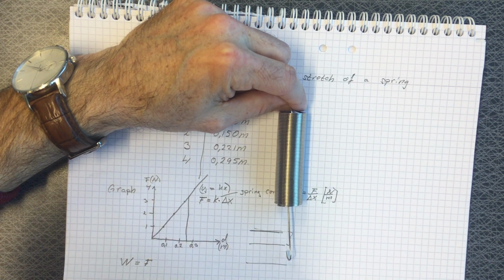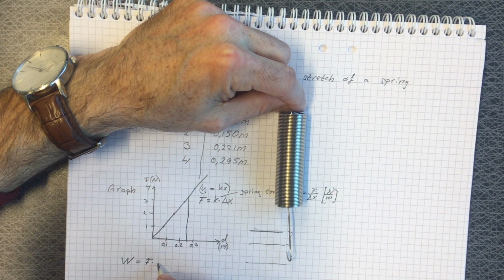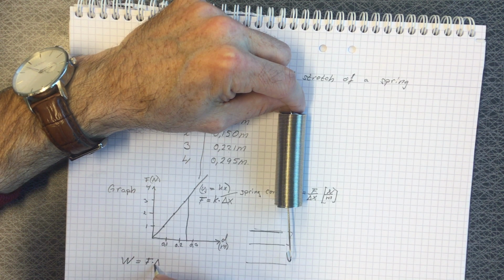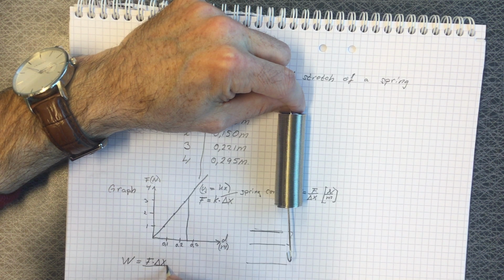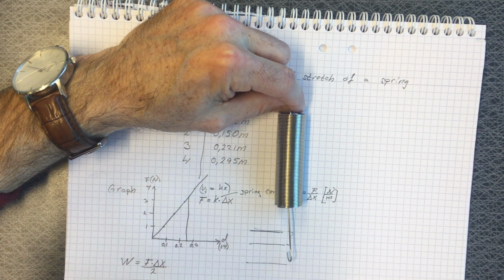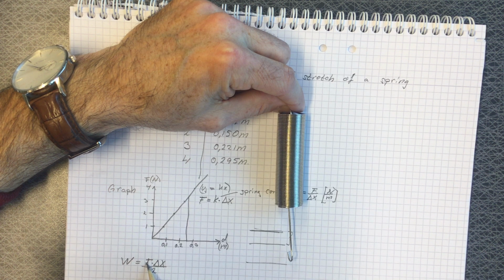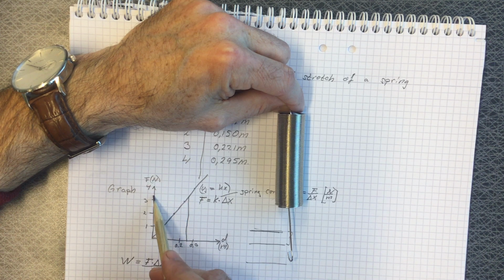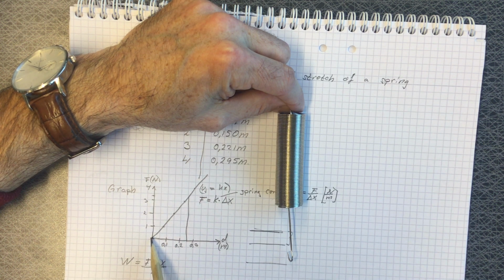So, therefore, I take the force, I multiply it with the distance, but I have to divide with 2. So, force divided with 2, that is the average force. So if I finally use this force, the average force is between the final force and the starting force, that's 0.